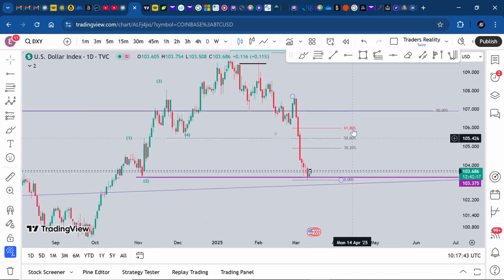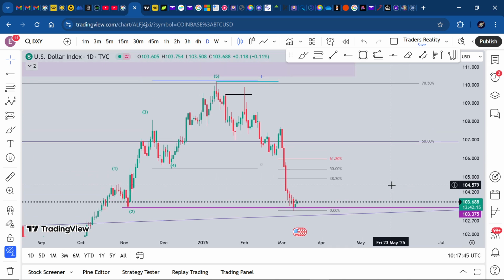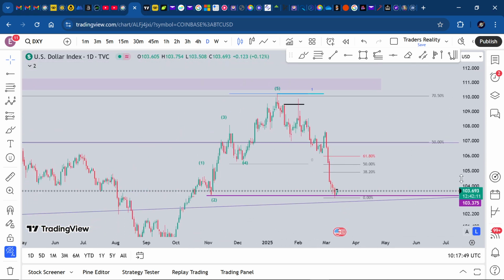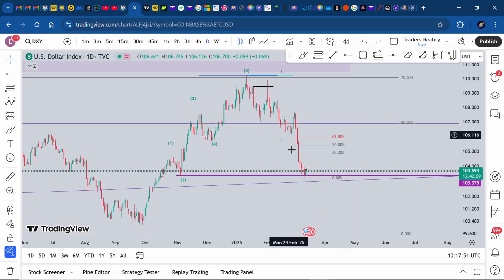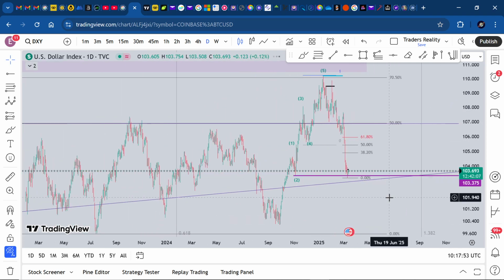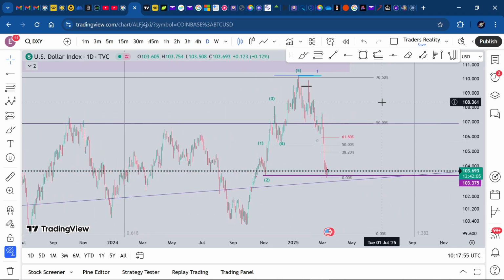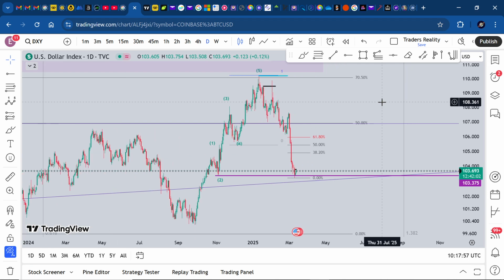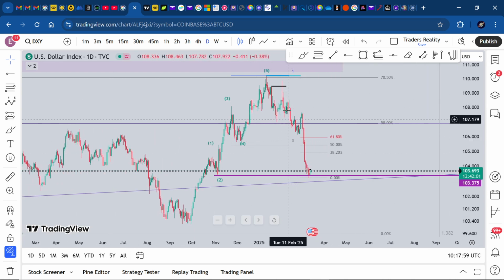Now, the reason why I have this fib drawn here is because I'm viewing this coming down potentially as a correction. It could be a correction on the daily to then go higher.